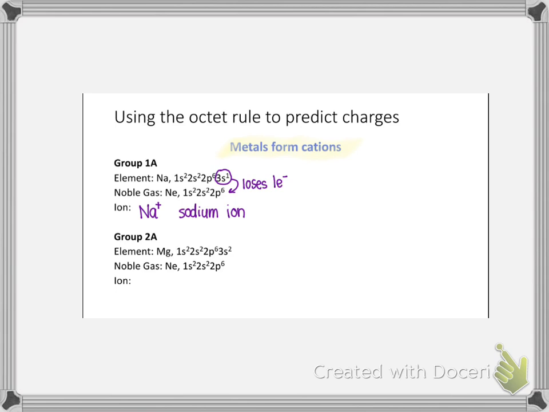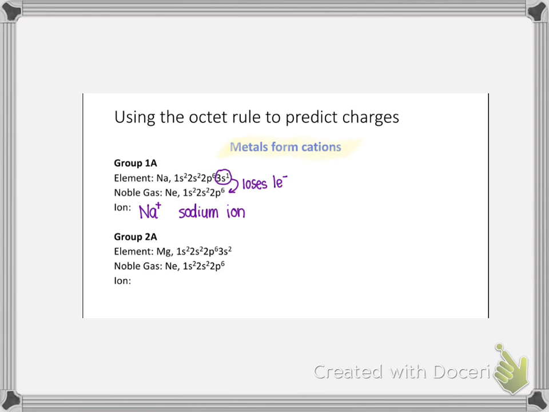Now, fortunately, we don't have to write electron configurations every time we want to predict this. What we know is that every atom in group 1A has one valence electron.